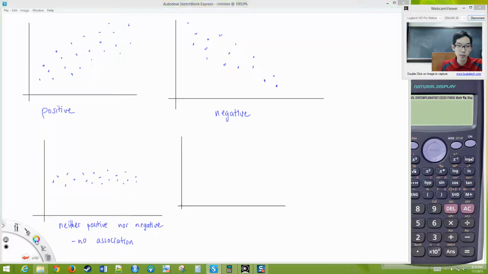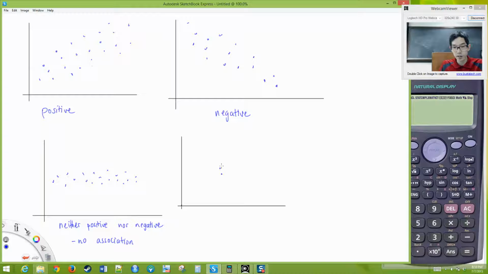Same thing applies if our data points look like this. Kind of just, it's neither positive nor negative. So same thing here also.